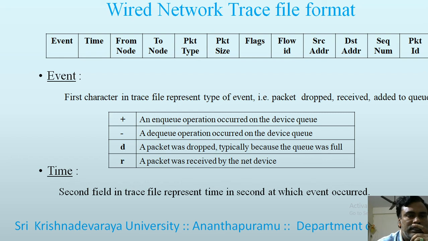In a similar fashion, you can find information about the other fields. The second field is time, which indicates the time at which that event has occurred. The third field is from node, the fourth is to node, that is, from what node to what node the data transfer has taken place.